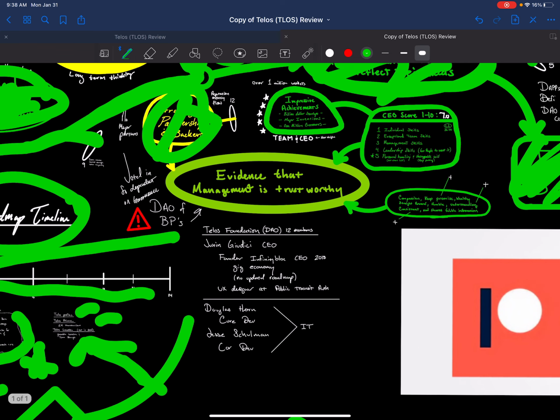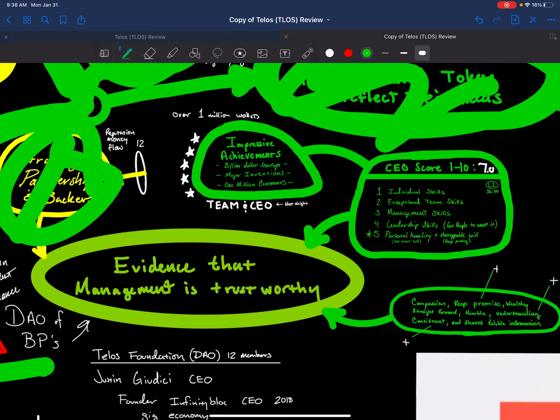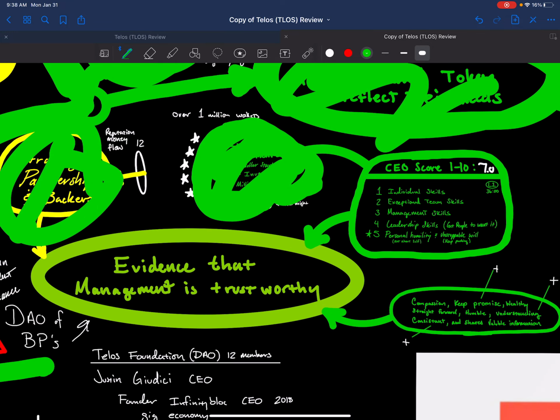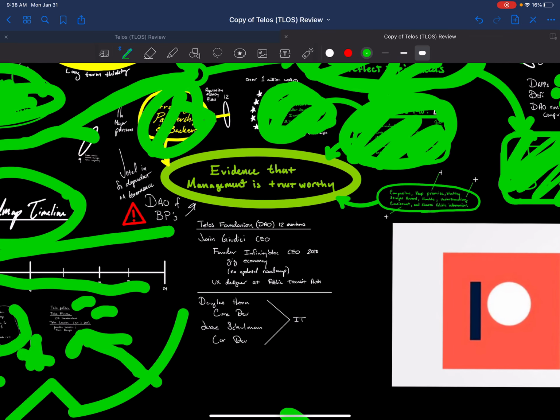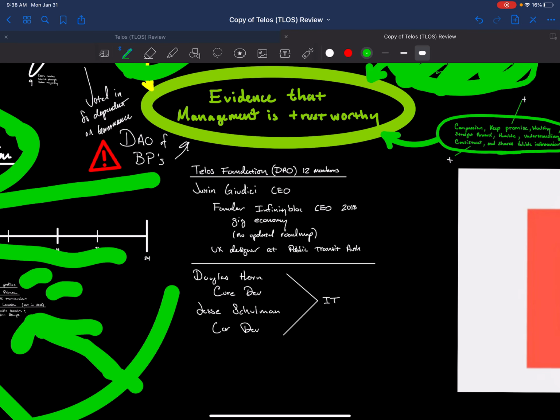So its leadership doesn't matter as much, but it does have over 1 million users or accounts. So the CEO is not as important. It's probably only the Telos Foundation, but the important people of interest are Justin Guducci, CEO. He's the founder of Infinity Blocks, and he's got experience in the gig economy.